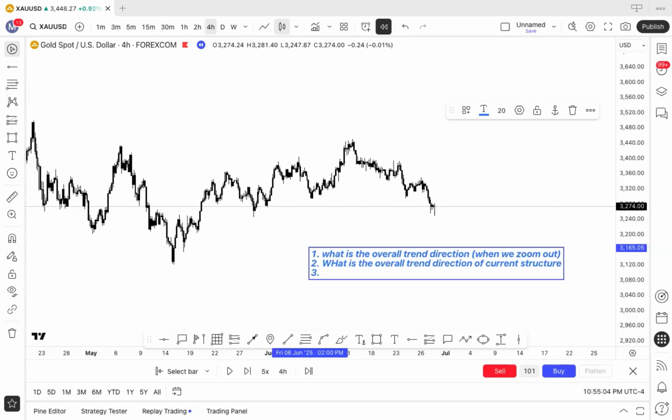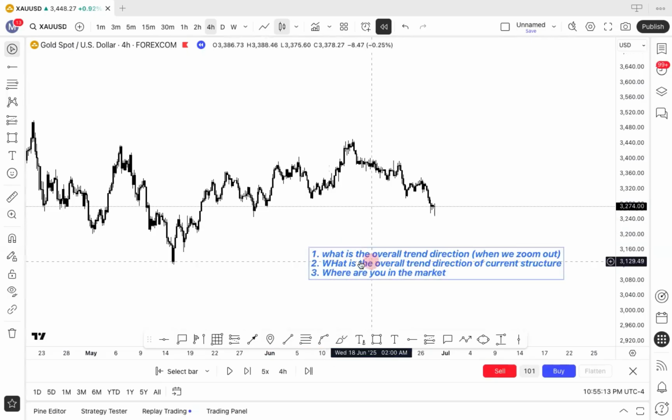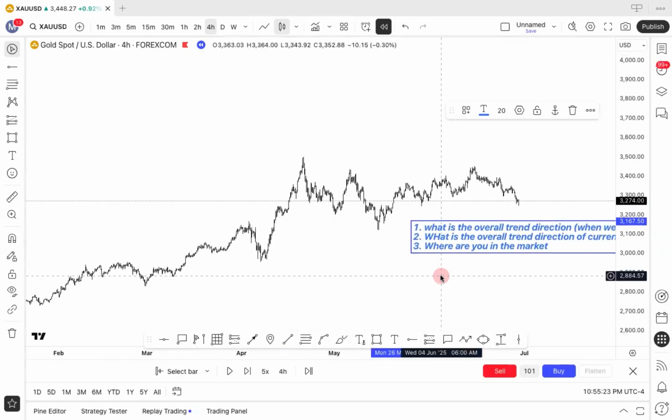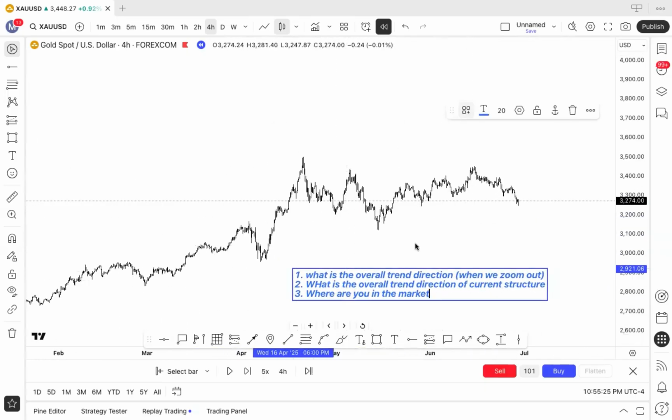And number three is where are you in the market? These are the questions you should be asking yourself on the higher time frame. So we just established overall trend direction is what? Bullish, right?